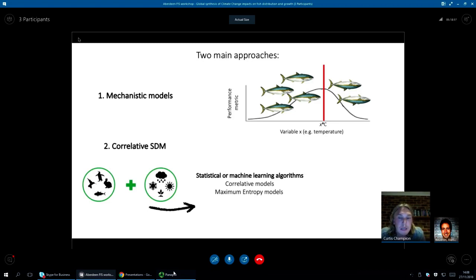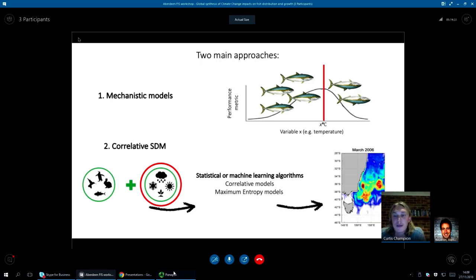And those relationships can be related in a bunch of different ways, from statistical or machine learning algorithms, the vast diversity of correlative models that can handle these data types are very suitable. But what the result is that once you have the model calibrated, all you need are the environmental data to then begin to make predictions about where a species may occur.